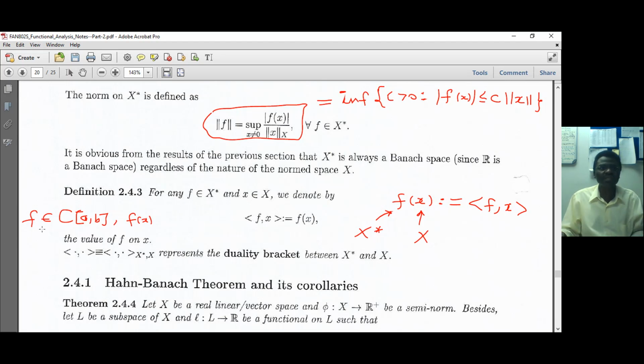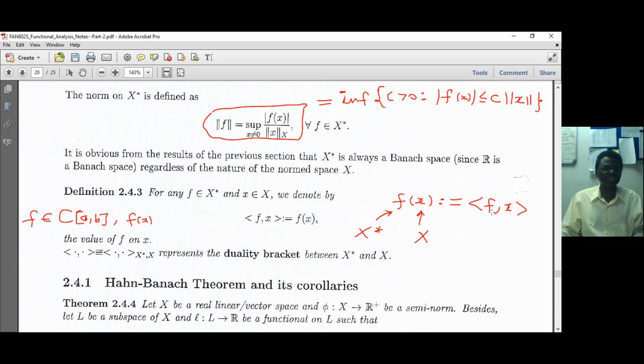But f is not in the dual of the interval AB, right? Whatsoever the space in which f is, if it were the dual of the interval AB, then we could have written that.